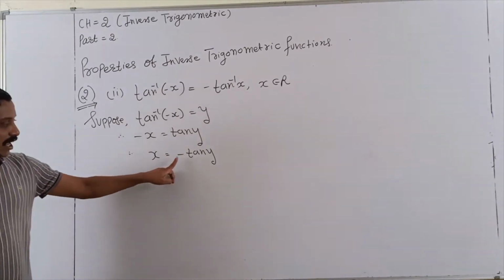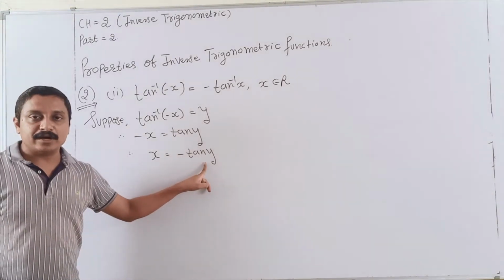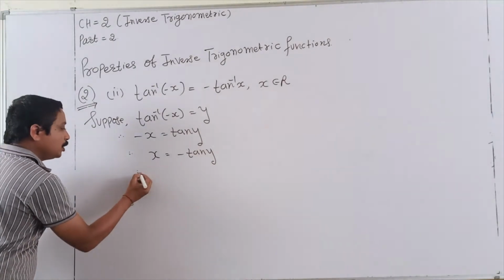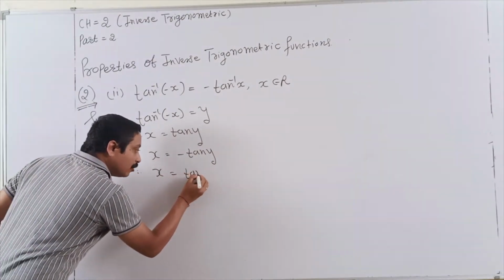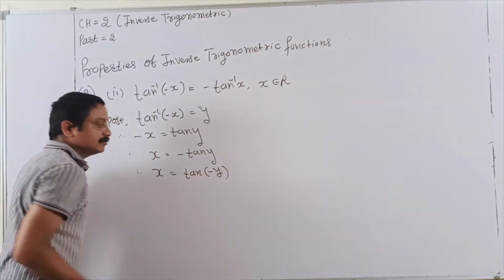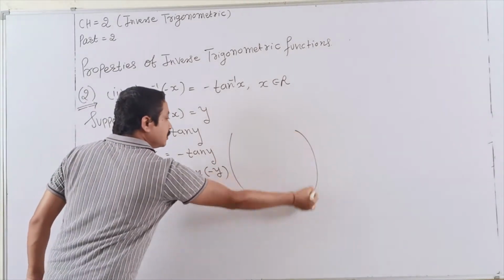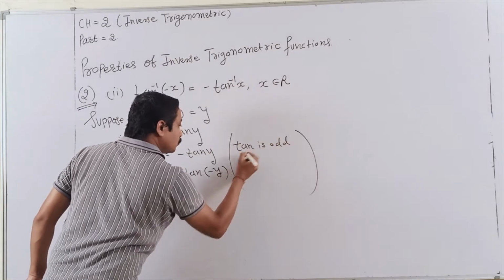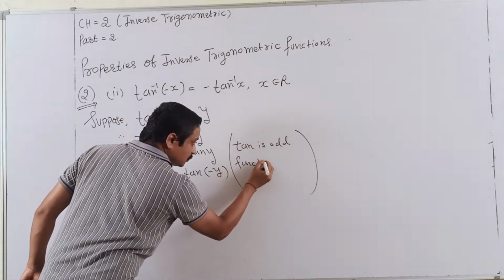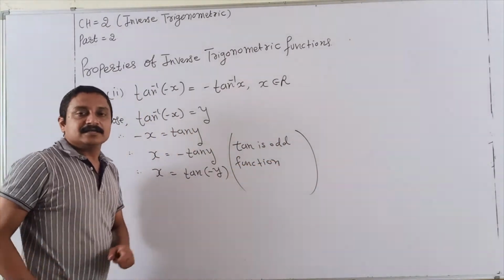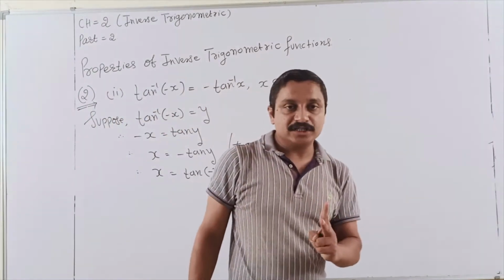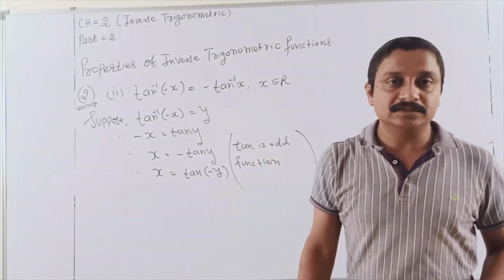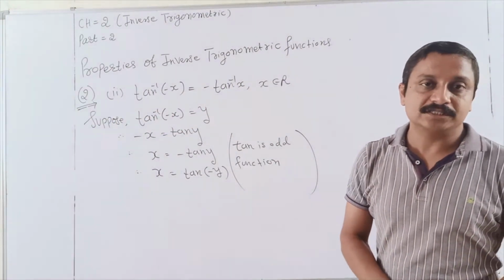Now students, with the same property, minus tan y is converted into the form tan of minus y, because tan is an odd function. You know that generally the sine function, tan function and cosec function are odd functions.